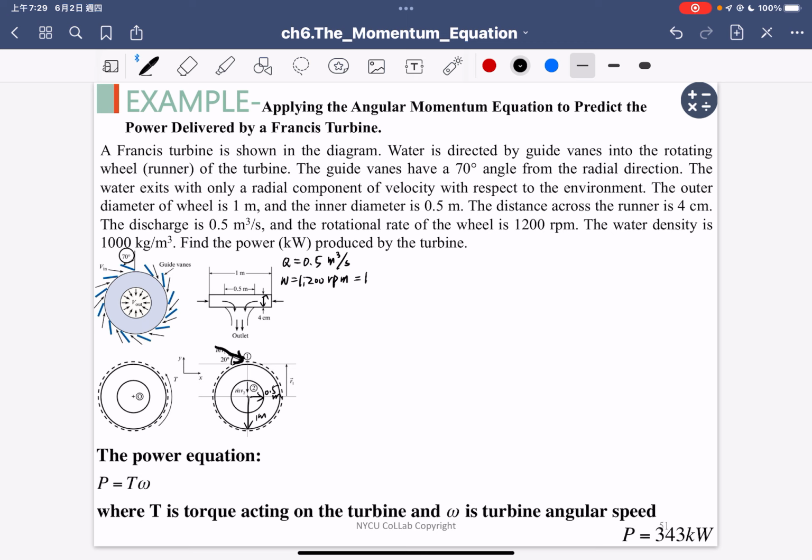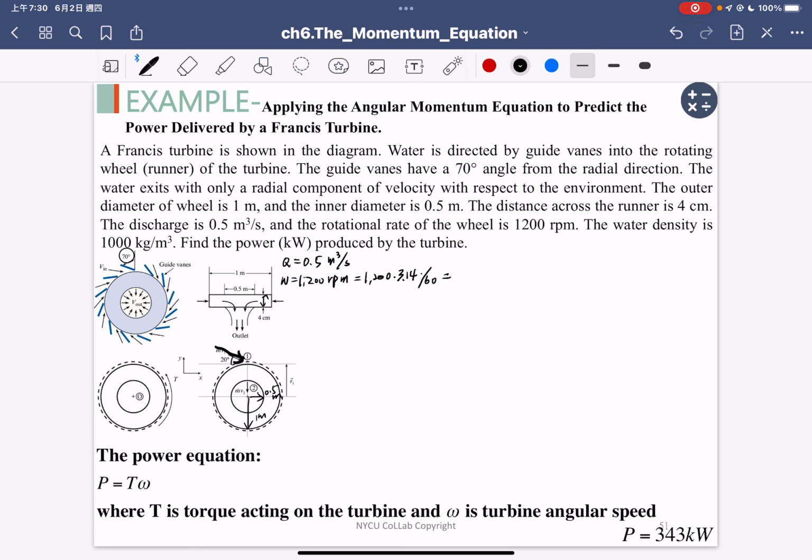So we know that 1200, and one revolution is equal to 2 pi radians, right? And per minute change to seconds, 1 minute is 60 seconds. Okay, so we can first compute the angular speed by calculator.